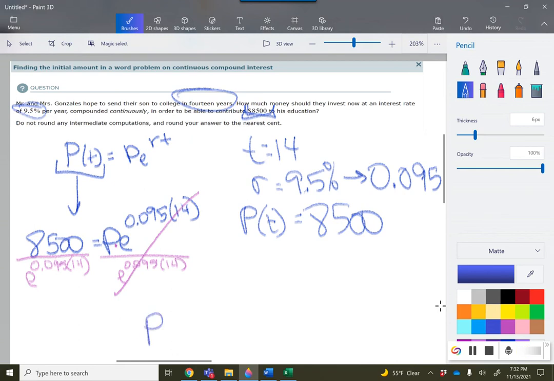And that's going to leave me with P all by itself. It's the only thing left over. Equals 8,500 divided by e to the 0.095 times 14 power. Be very careful when you put this in your calculator. Make sure you watch those parentheses. Make sure that 14 is part of that exponent.